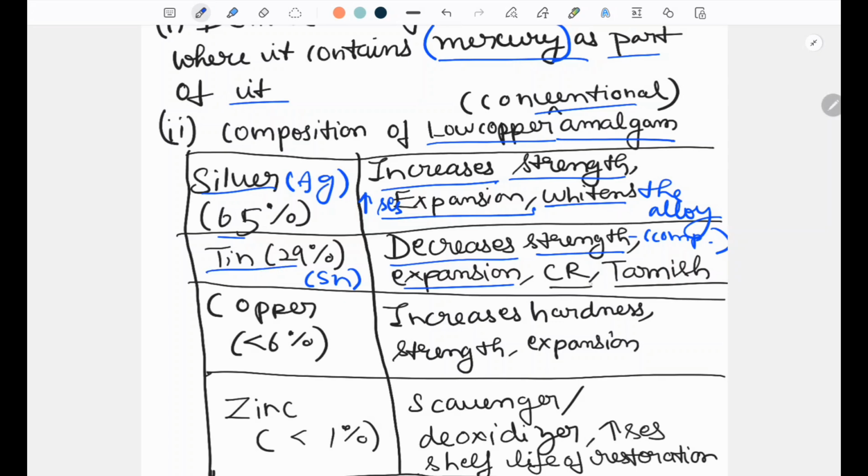At the same time it reduces the corrosion resistance and tarnish, which is a disadvantage of tin, so tin is usually used less in the latest forms of alloys, which we are going to see further.